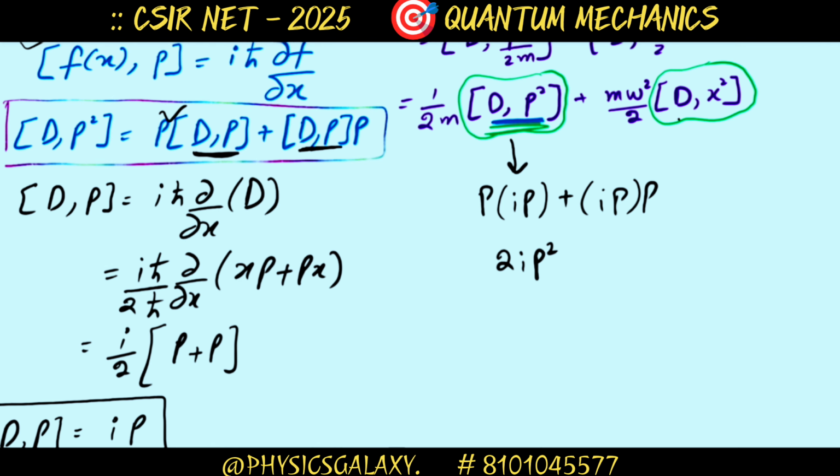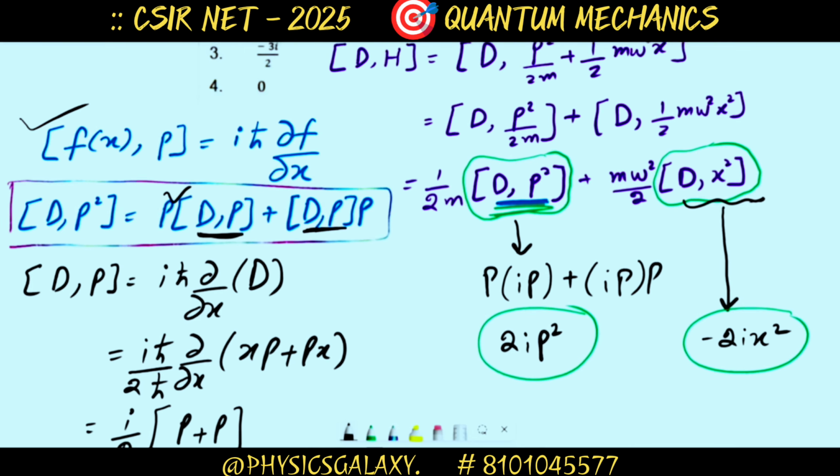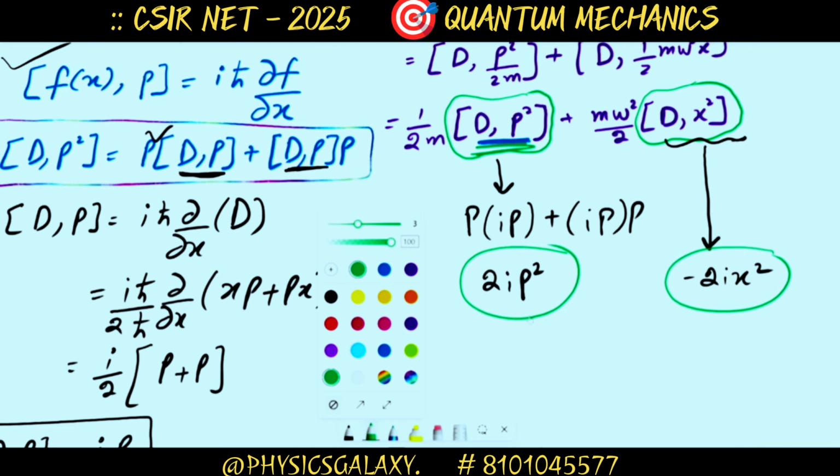Similarly, if you find the commutation [D, x squared], it will come out to be minus 2 iota x squared. Now we have both these commutations: 2 iota p squared and minus 2 iota x squared.